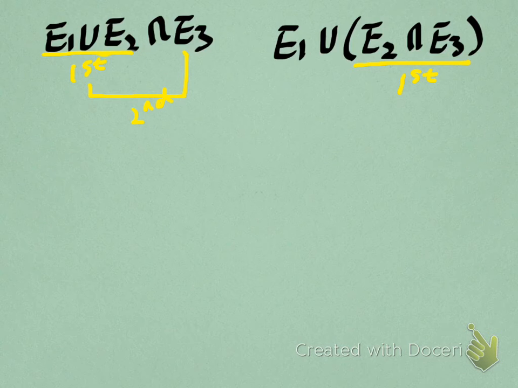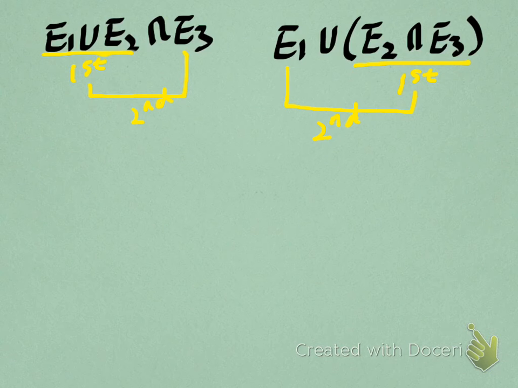After we get this result, we continue to compute E1 union this result. This is our second step. So now you know the order of computations of sets. Generally we start from left to right, but if we have parentheses, this will change the order. This is exactly the same as what we learn in algebra.